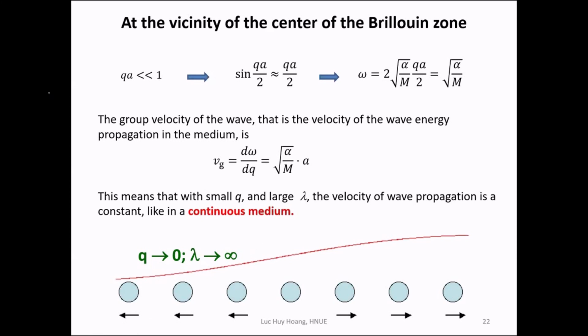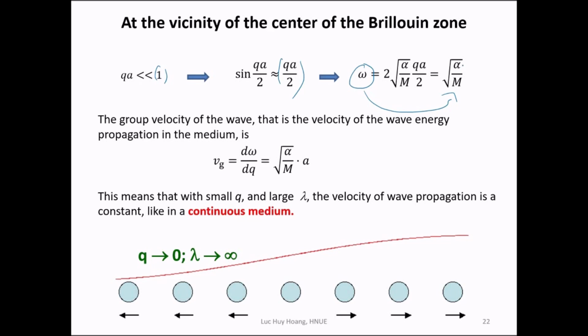At the center, I said before, qa is much less than 1. So what do we have? When qa is much less than 1, sine(qa/2) should be similar to qa over 2, right? So we substitute in this equation. This means that omega is equal to root of alpha over m.